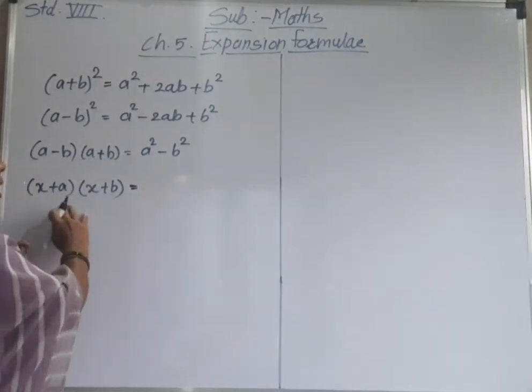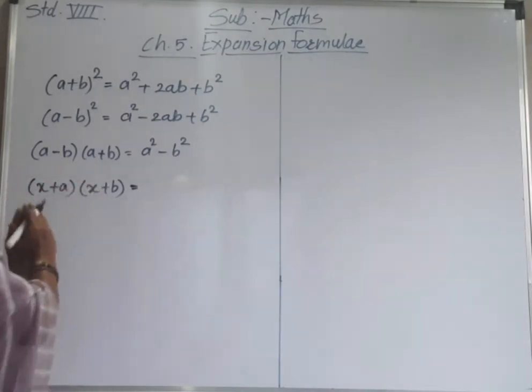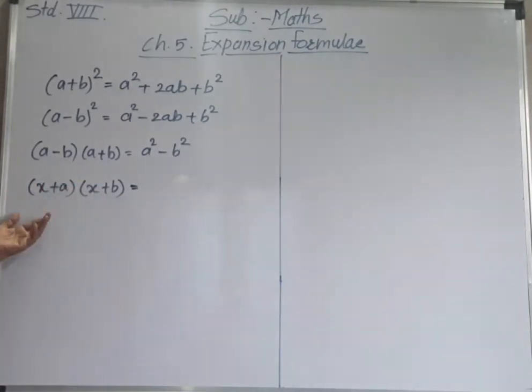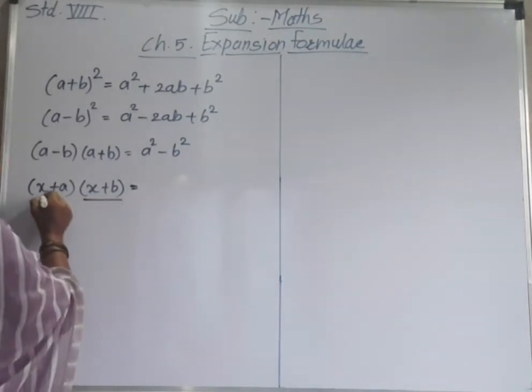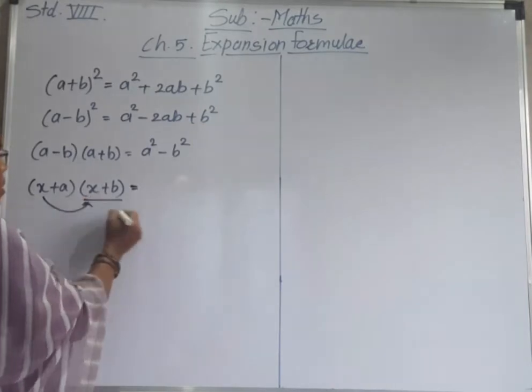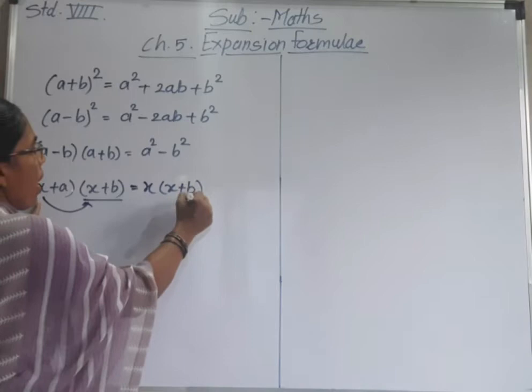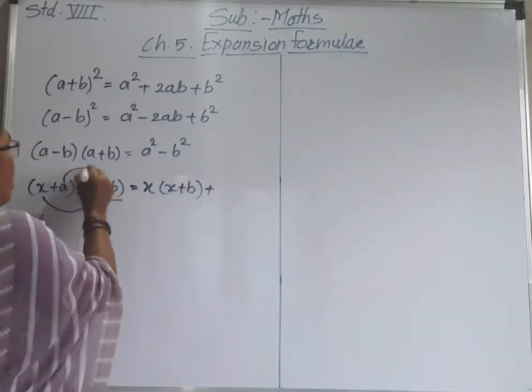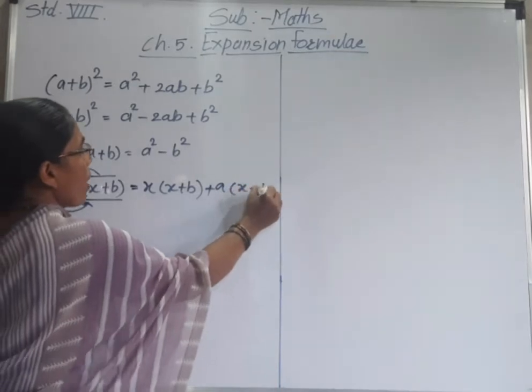Now, as we know, there are two terms in each of the two brackets, that's why it is called a binomial. So we are multiplying a binomial by a binomial. When we multiply, we have to multiply each term of the bracket. So x into (x plus b) and second, a into (x plus b).